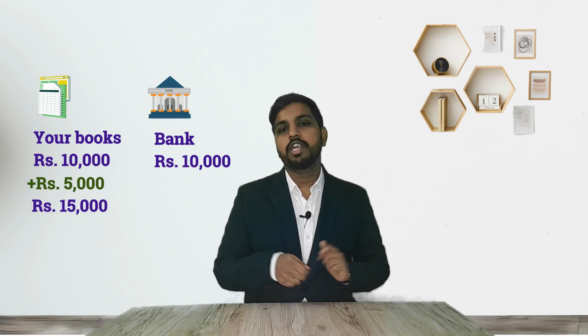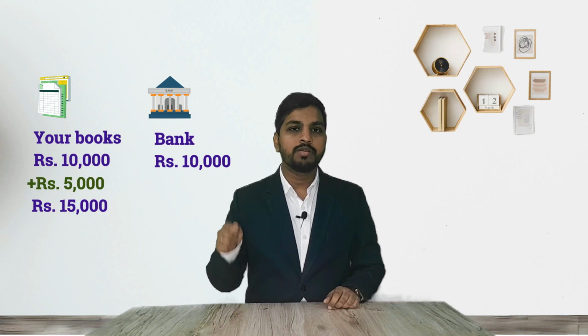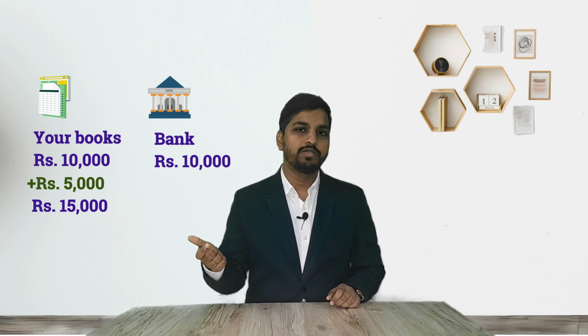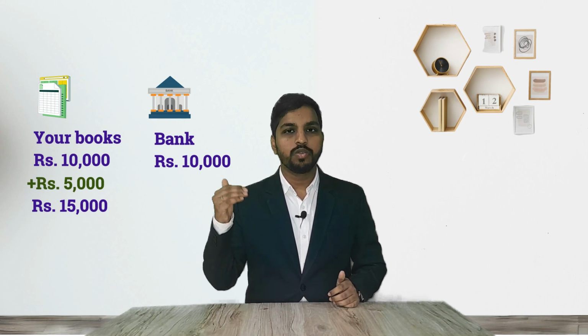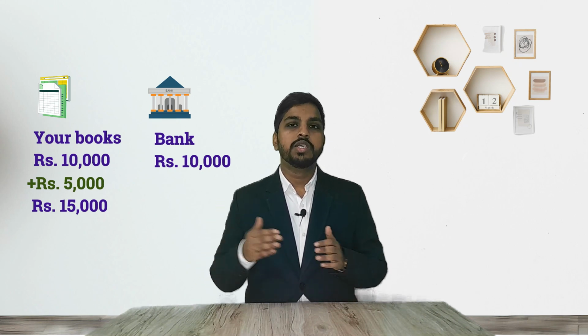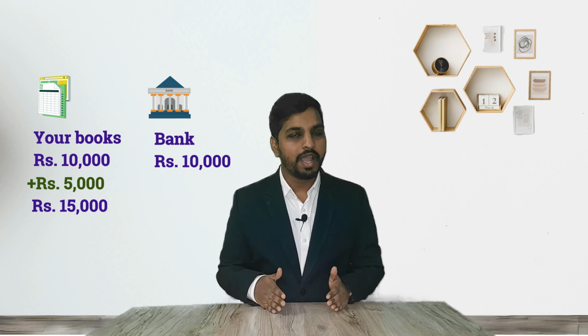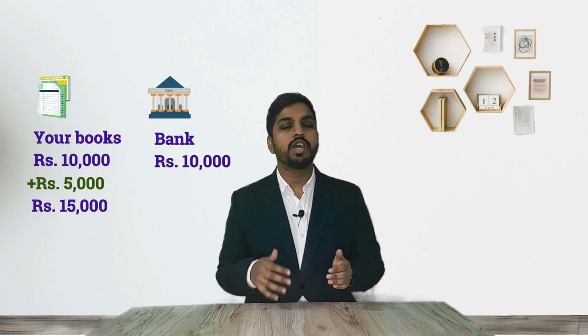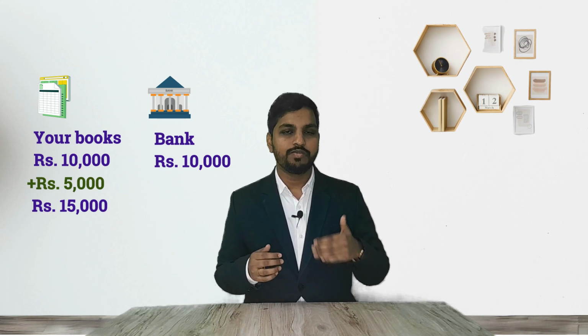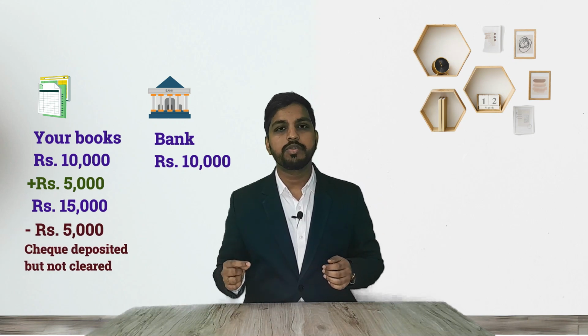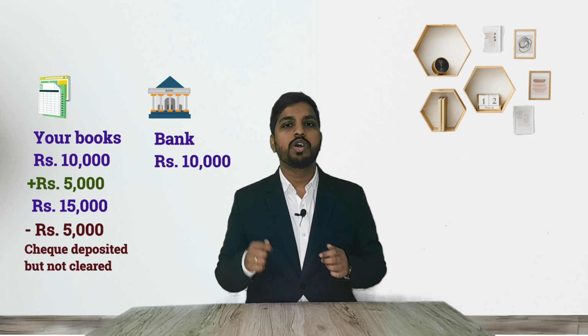You take this check and deposit it to bank, but the bank balance will still remain 10,000 because it takes 1 or 2 days to clear that check and to reflect the balance as 15,000. So in between, if you are preparing a bank reconciliation statement, you have to reduce your bank balance with 5,000 and give the description check deposited but not cleared. Now let's look at scenario 3.